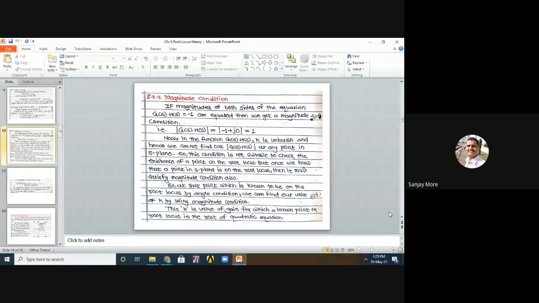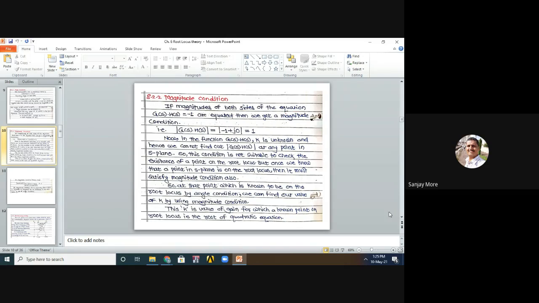Now, in the function G(s)H(s), K is an unknown or variable parameter, and hence we cannot find G(s)H(s) at any point in the S plane. So this condition is not suitable to check the existence of a point on the root locus. But once we know that a point in the S plane is on the root locus, it must also satisfy the magnitude condition.